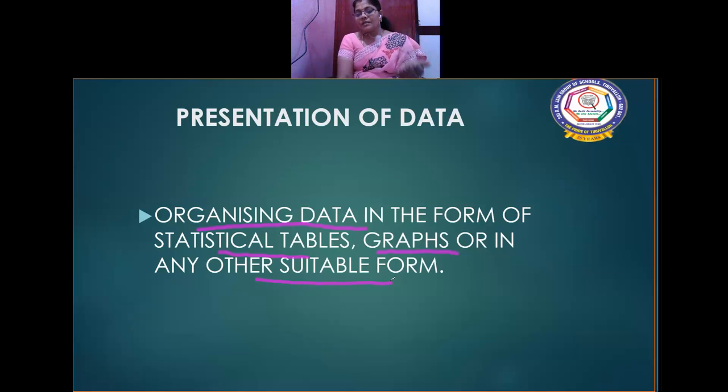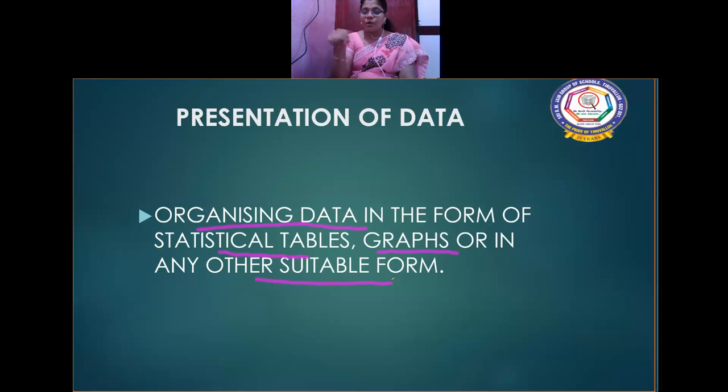In your previous classes, you would have drawn graphs plotting some points. For example, if wheat or paddy is produced this much in tons from 2000 to 2005, in the next plot you can show that from 2010 to 15 this much in tons has been harvested.